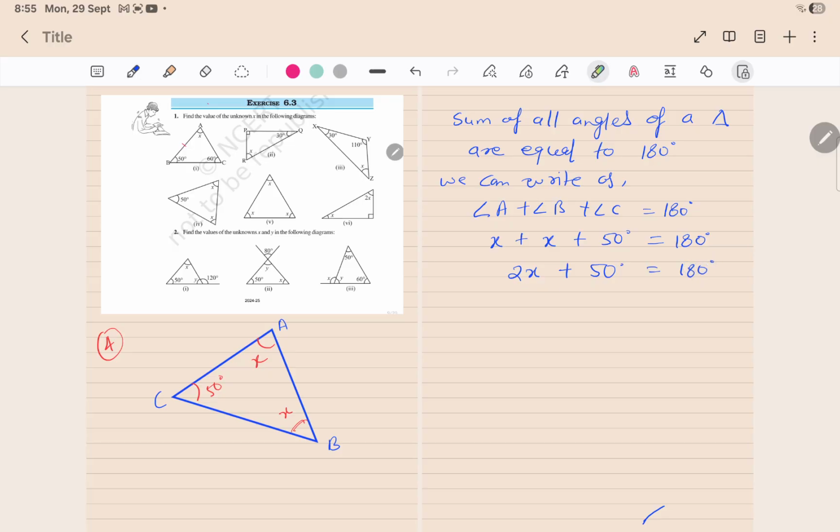In 2x plus 50, 50 has a plus sign, but when transferred to this side it will be negative.